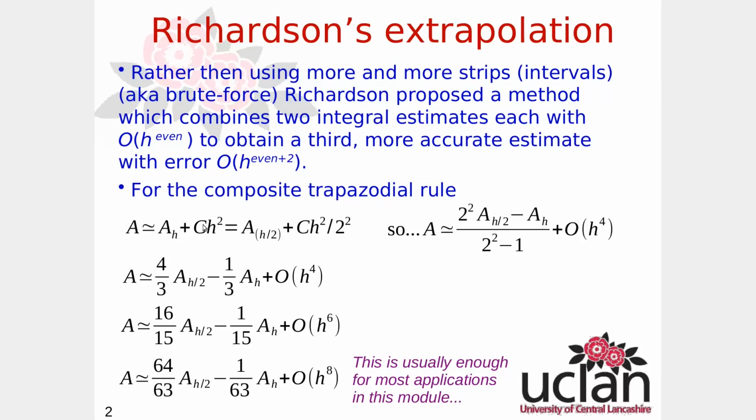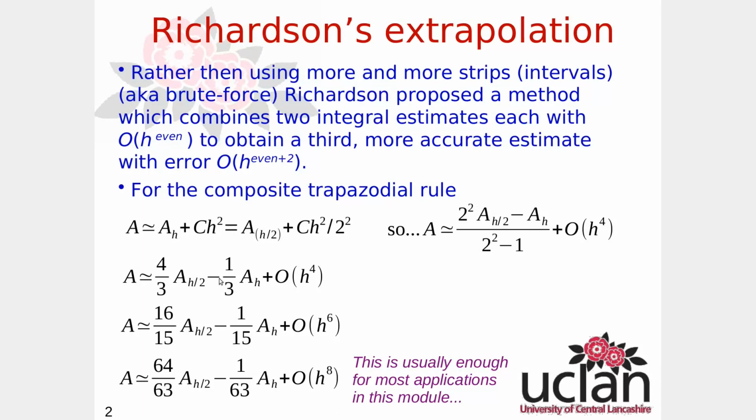You've then got two equations which you can solve for c and then resubstitute in. So you will find that A is equal to 2 squared times the area evaluated at h over 2, minus the area at h, over 2 squared minus 1, plus the order 4th term. So it's actually increased the accuracy. What we've done is we've taken the more accurate value, given it a weighting, and then taken off the less accurate one.